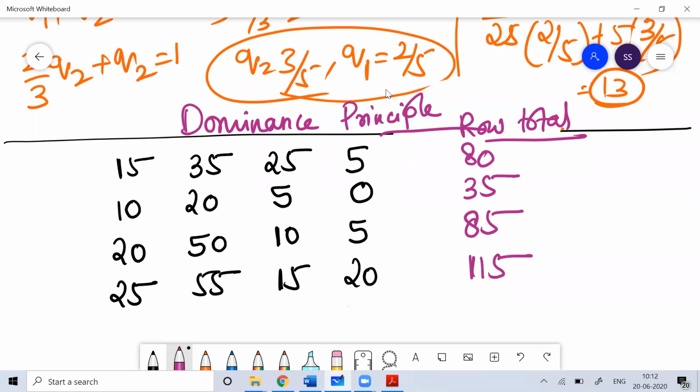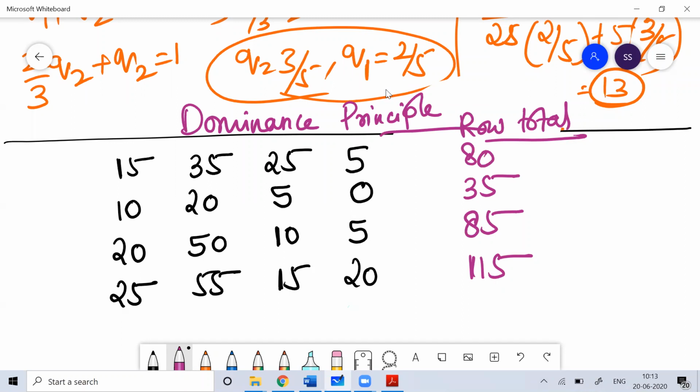So just check this sum again. 35 plus 15 is 50, 15 plus 30, 50 plus 30 is 80. Then this is 35, then this is 60. This is 70, 80, 85, and this is 40, 60, 115.